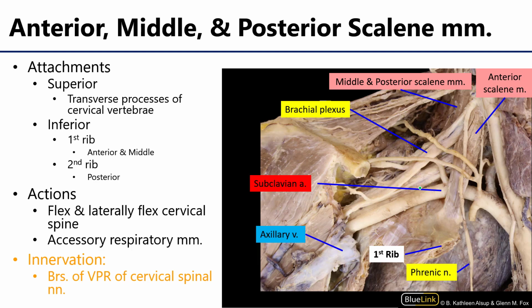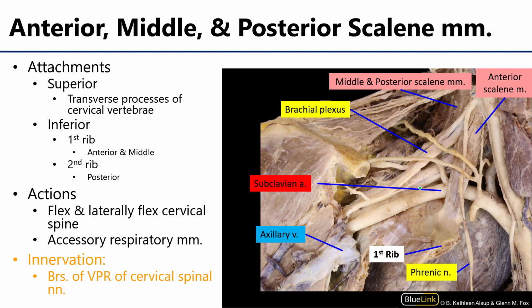Moving right along, we have the scalene muscles. The scalene muscles get their name because they look like scalene triangles. And there are 3 sets of scalene muscles. There are anterior scalene muscles, middle scalene muscles, and posterior scalene muscles.